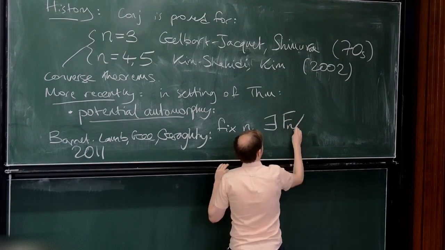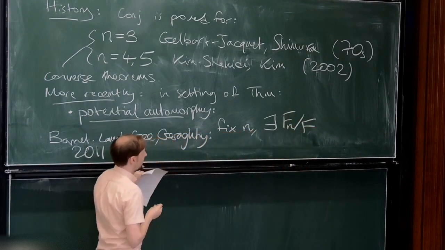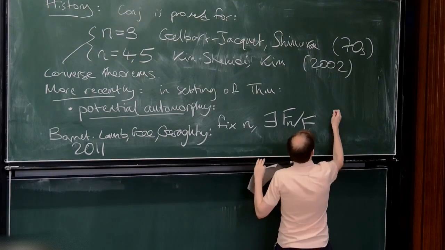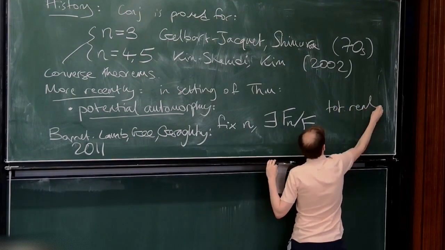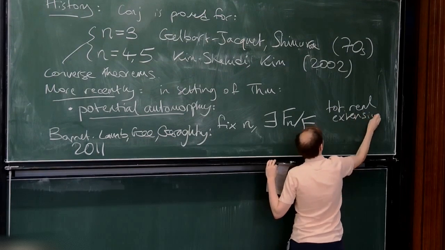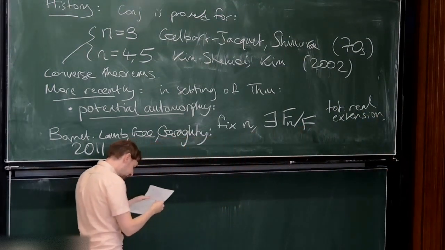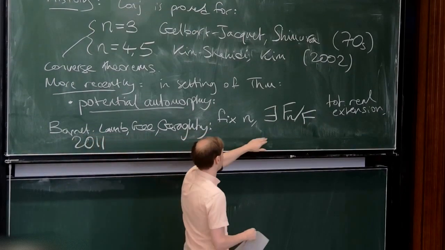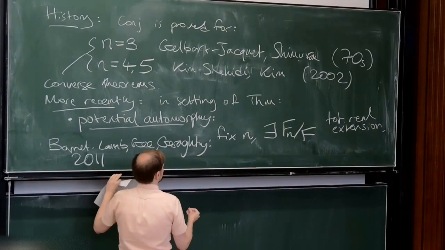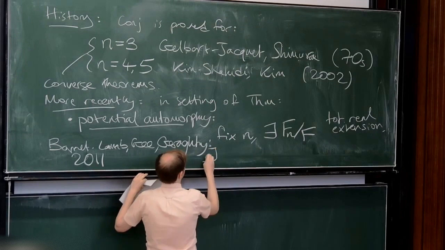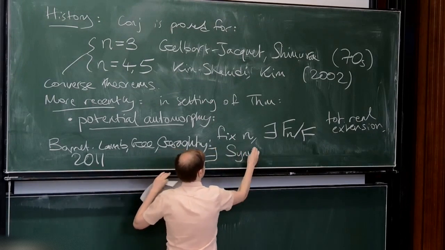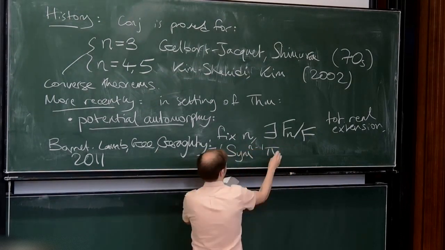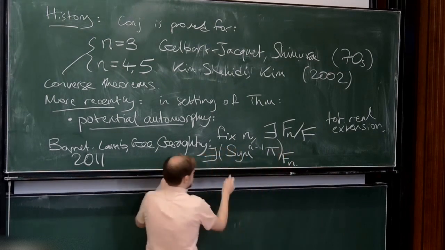And they showed there exists some extension field, F_n over F, which will depend on n, as the notation suggests. We have this extension field, and then they produce the lifting, but only over F_n. Let me suggestively write Sym^{n-1} pi over F_n.